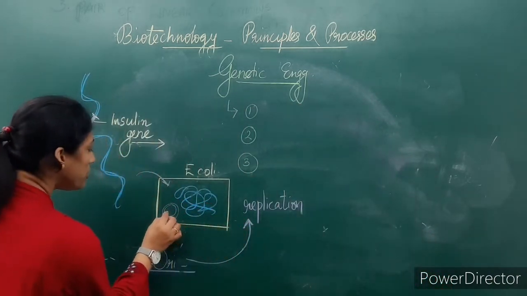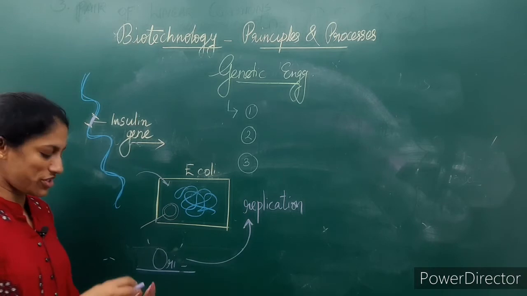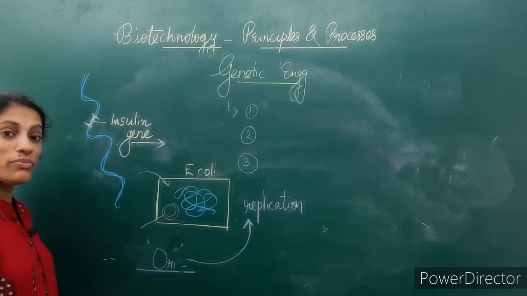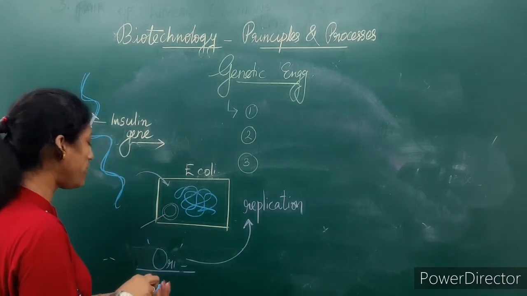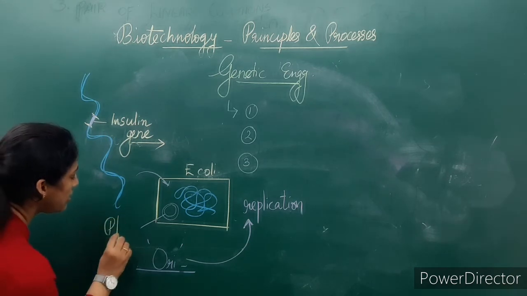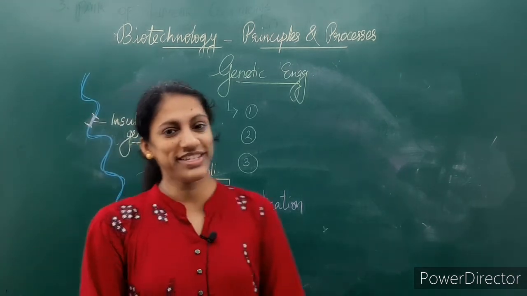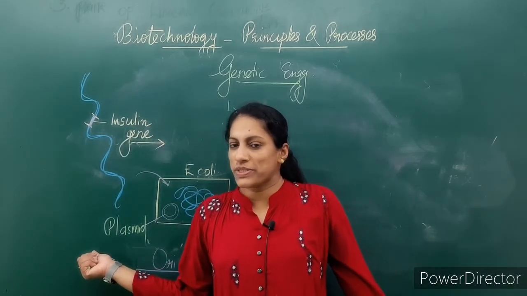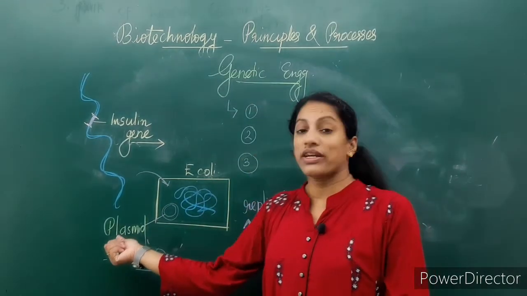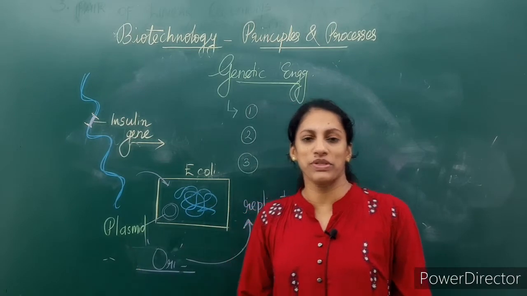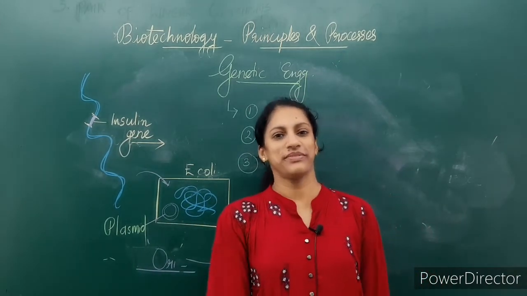This is new, useful information, and it became very useful in biotechnology. That is the plasmid. Bacterial cell speciality is that it contains an extra chromosome called plasmid.